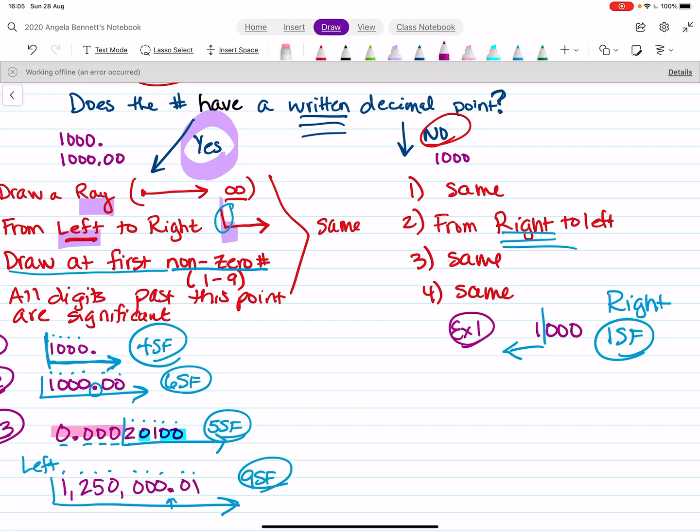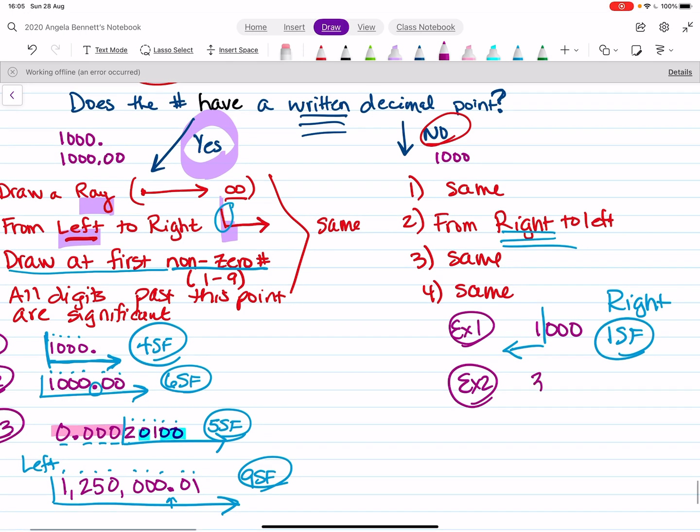Practice a few more. Example 2, I could have a number like this. Okay, so it's like 3,010,000. No decimal point.